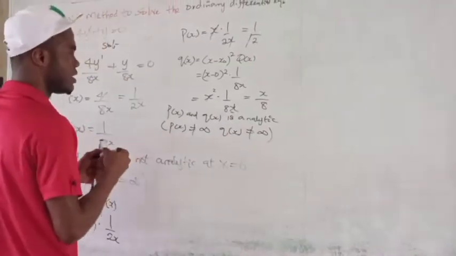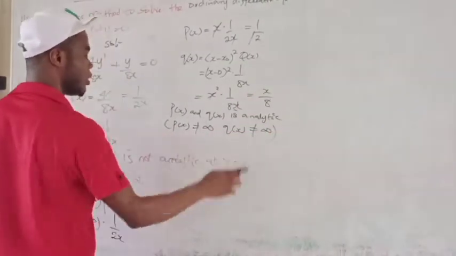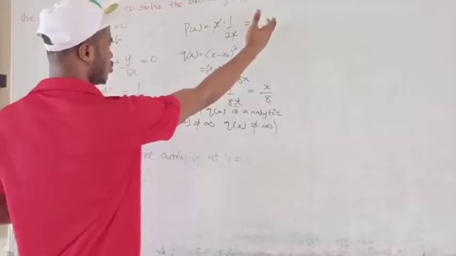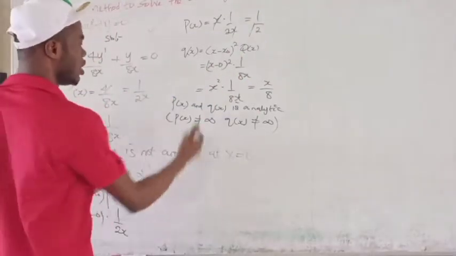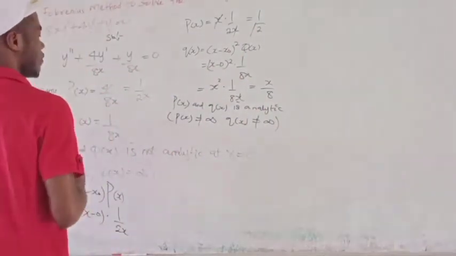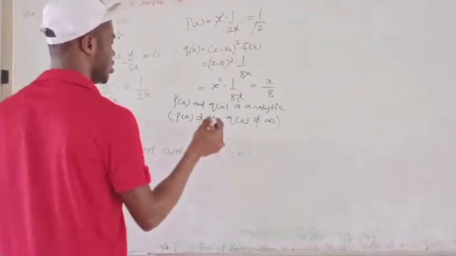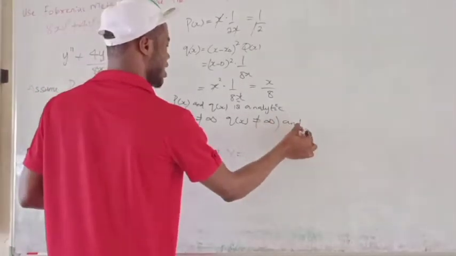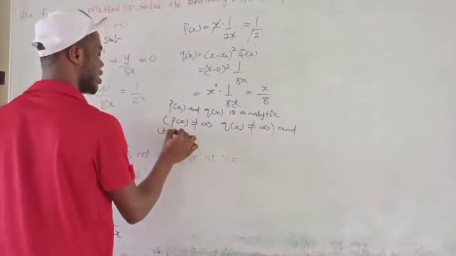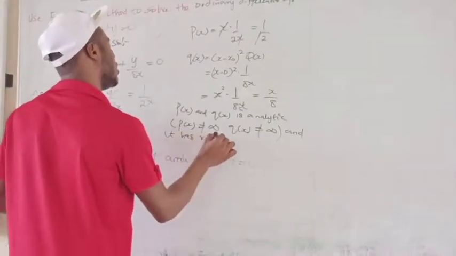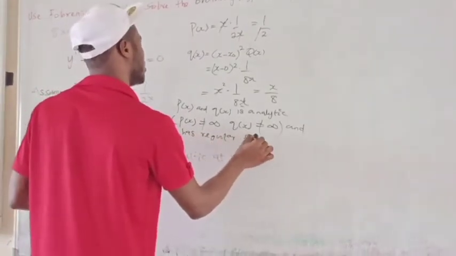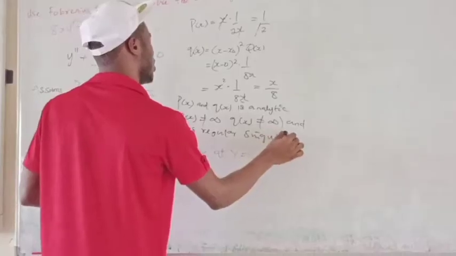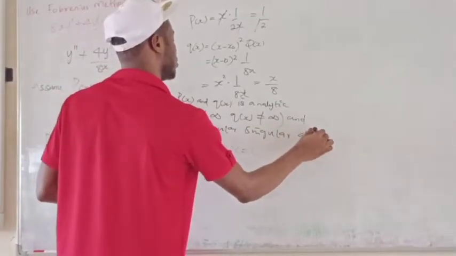There is no value of x that you put in this q of x that will give infinity, and of course there is no value of x here. So two of them are analytic, and it has a regular singular point about the origin.